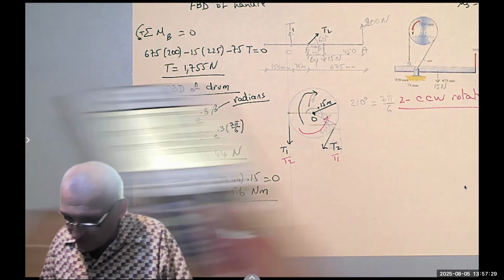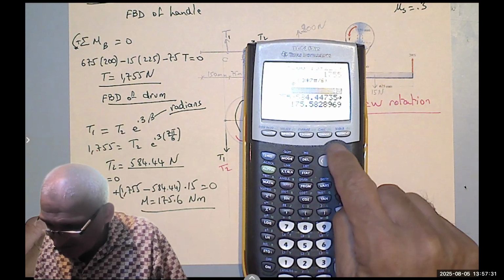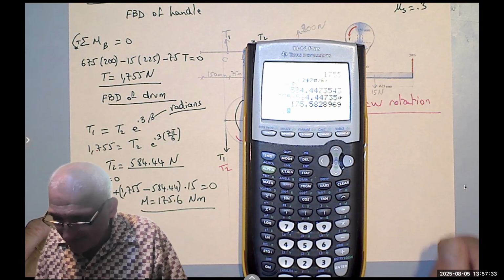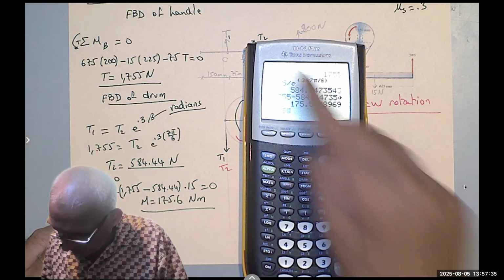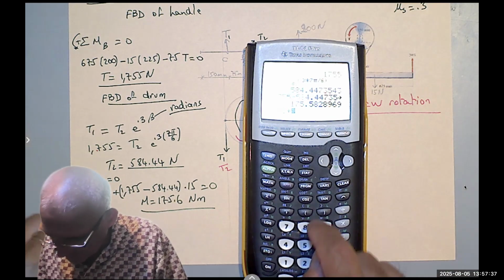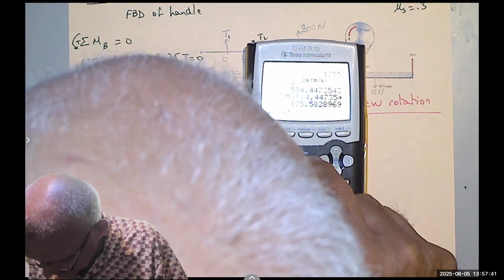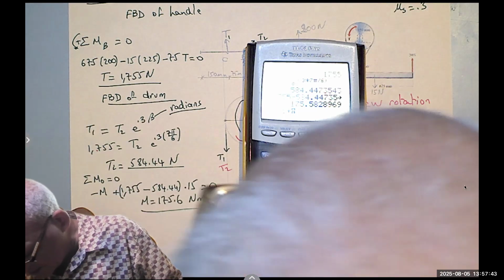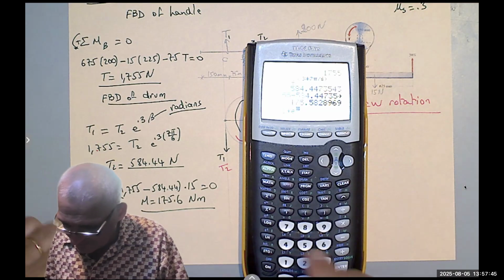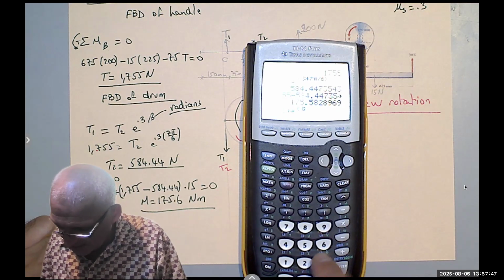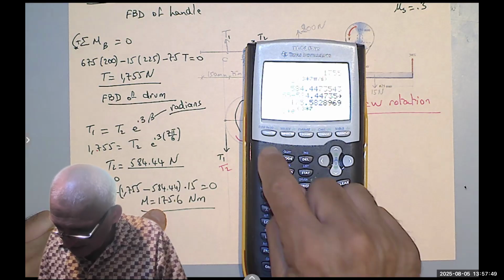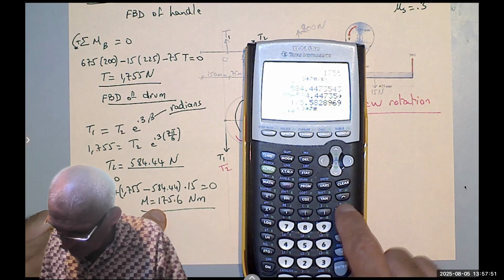So all you have to do is take the 1755, and then instead of dividing it, you multiply it by e to the power of 0.3 times 7 times pi over 6.